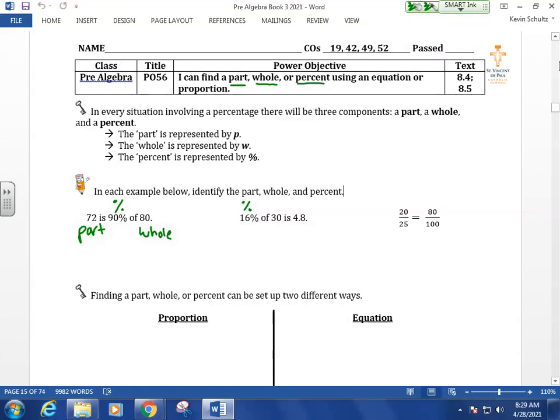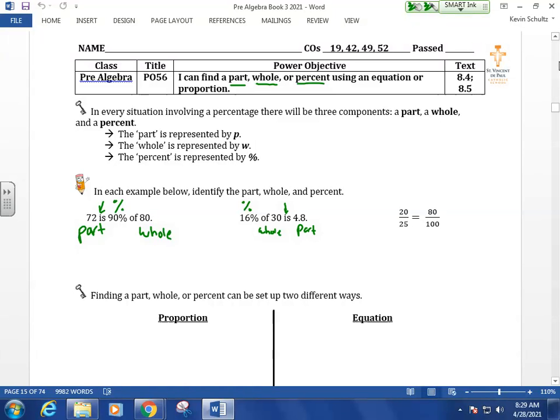Kind of a little math hack here: when you find that word of, what follows is almost always the whole. So if you can find that word of 30, of the whole, 30 is going to be our whole. And the word is is associated with the part. Here the word is came after the part. Here the word is comes before the part.